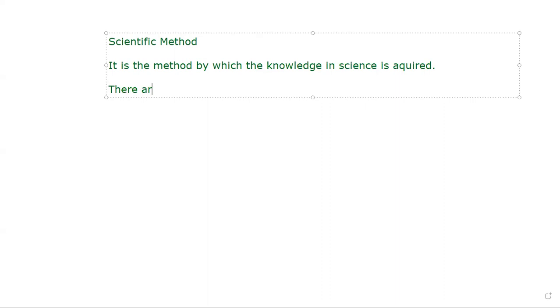There are 5 steps in the scientific method, and we'll see what they are. These are the steps that are followed in accepting and constructing a scientific view.